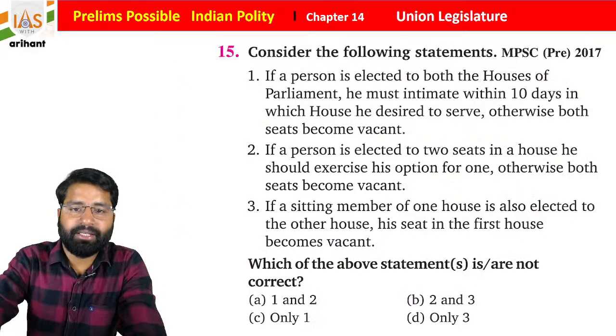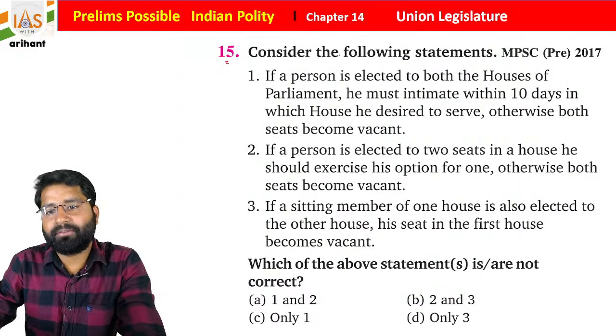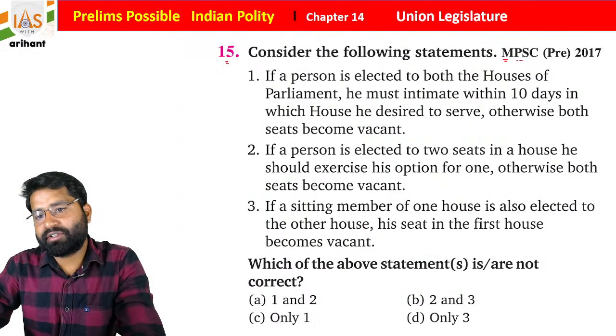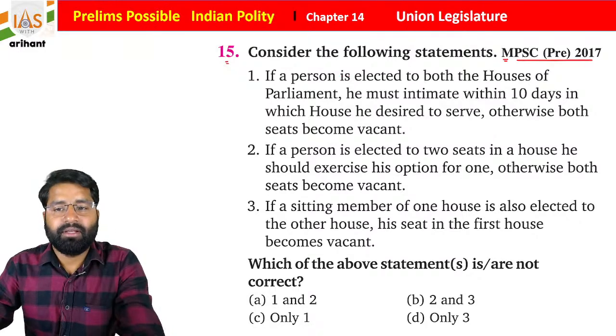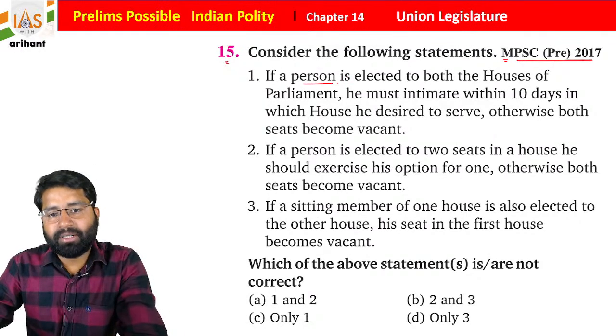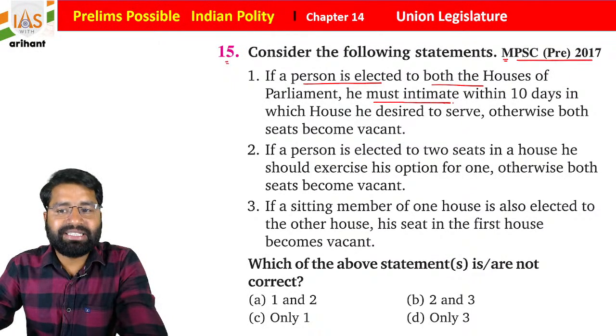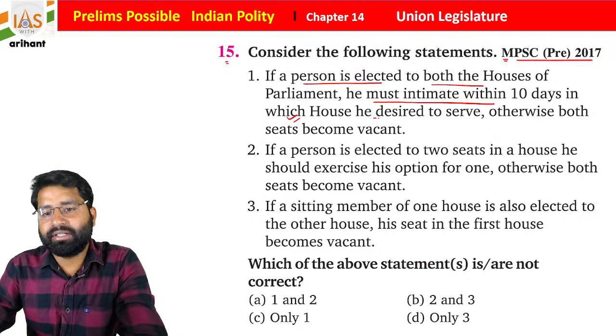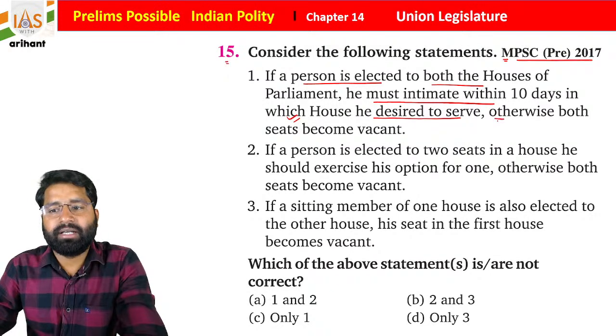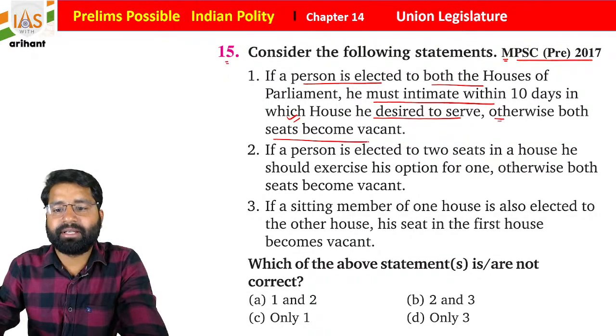Okay, getting it? Now see question number 15. It is in Maharashtra PSC 2017. If a person is elected to both houses of parliament, he must intimate within 10 days in which house he desires to serve, otherwise both seats become vacant.